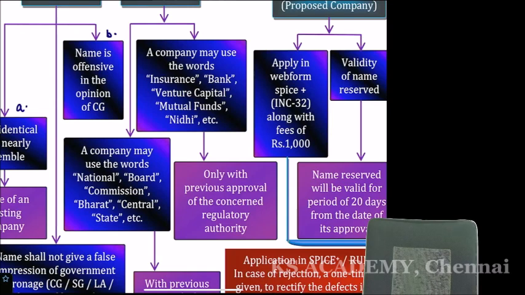A private company became 1. What will happen? For the first 6 months, immunity. After 6 months, it ceases to be a company, and the members will be personally liable. Thank you very much. Correct.